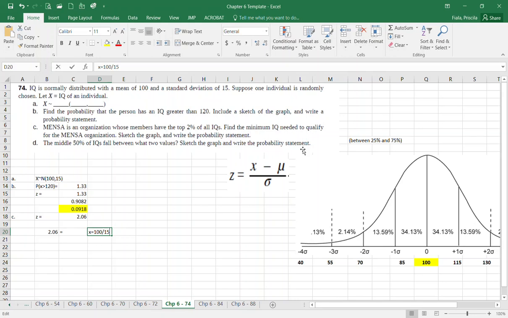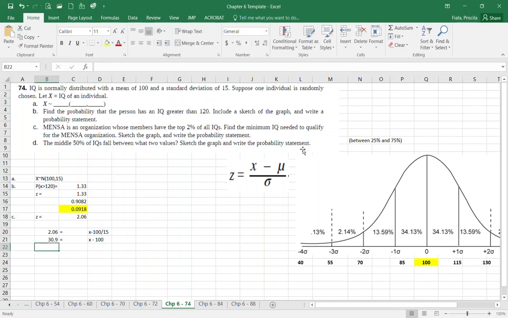Therefore, if you multiply both sides by 15, you're going to have 2.06 times 15 equals x minus 100.